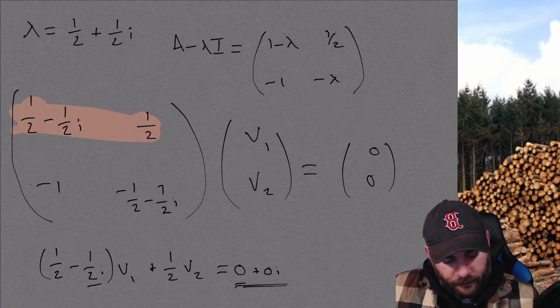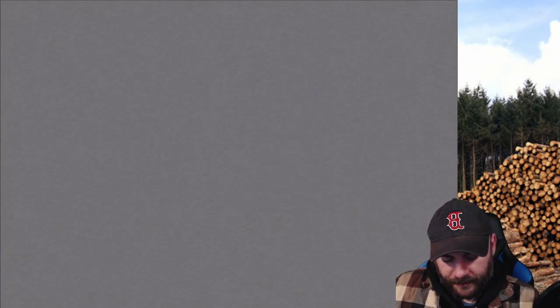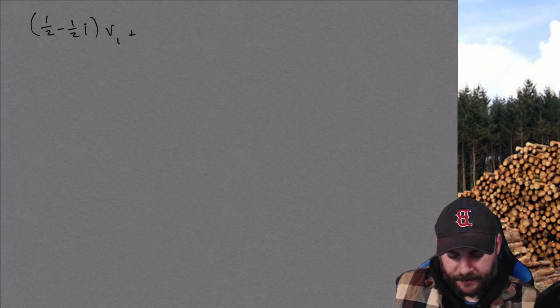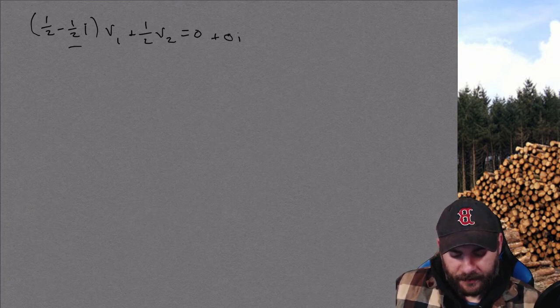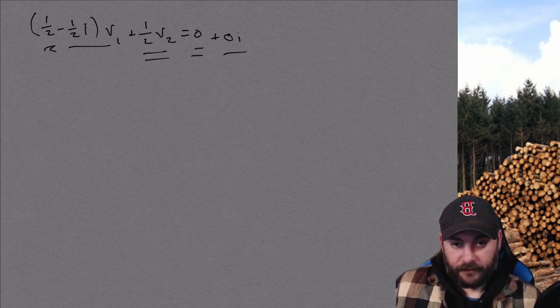Now, what you may be tempted to do, and it's totally understandable because it's what I would have done first, is to say, okay, I need the complex part over here to equal the complex part over there, and everything that's real over here to equal everything that's real over there.